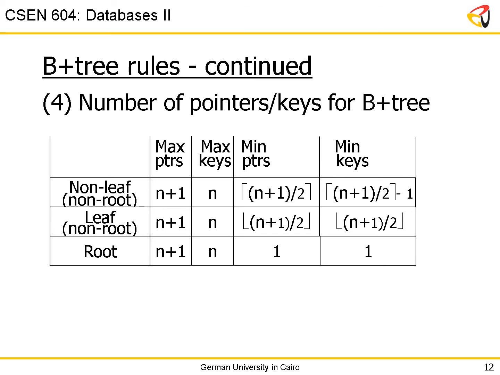Now the root is a special case. We will accept, regardless of the n, that the minimum number of pointers and keys at the root level will be 1 for any n, whether n is equal to 256 or 128 or 10 or 50. The root minimum keys and pointers is going to be 1 and 1.